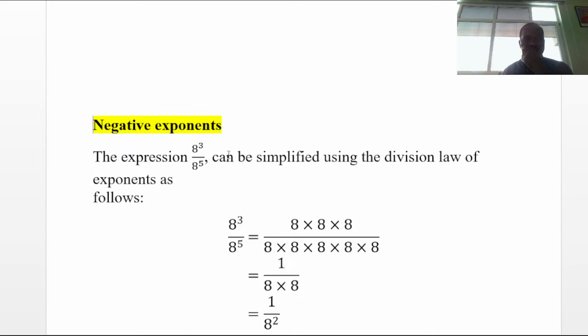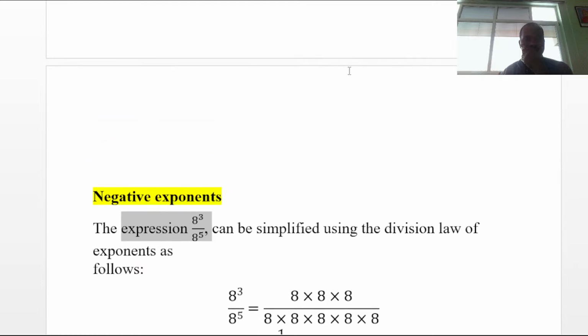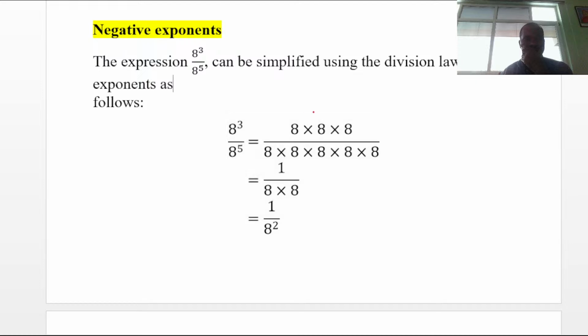From this expression, 8 power 3 over 8 power 5, this expression can be simplified as we have seen here, that 8 power 3 is eventually 8 times 8 times 8, divided by 8 power 5. So you get 8 being multiplied 5 times, and the result here you'll be getting is 1 over 8 squared.